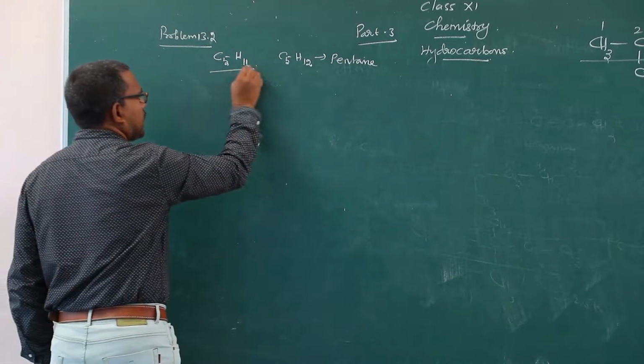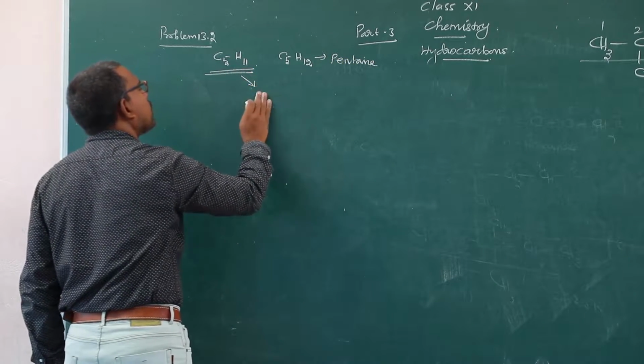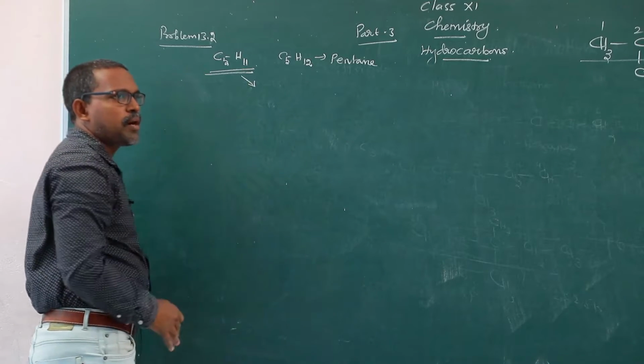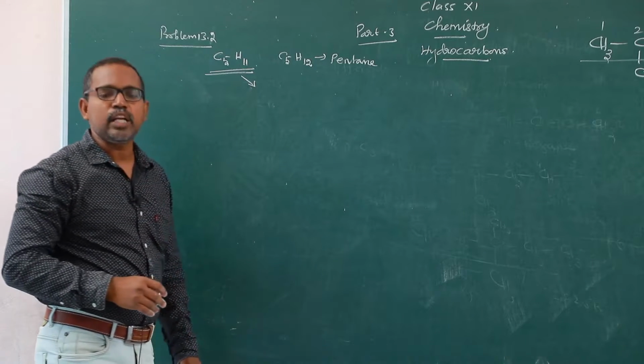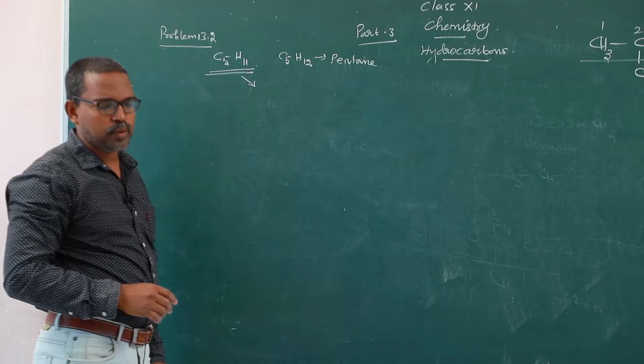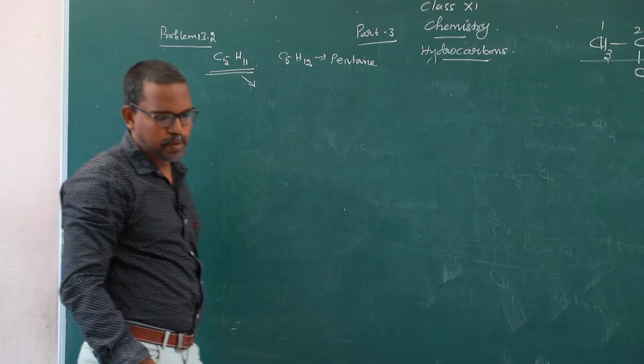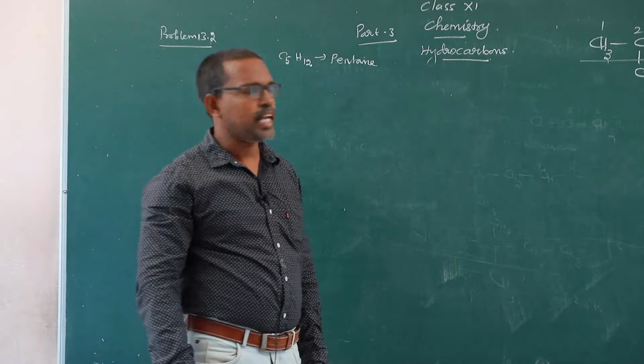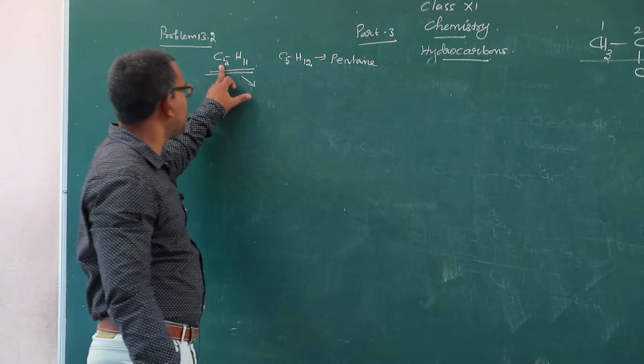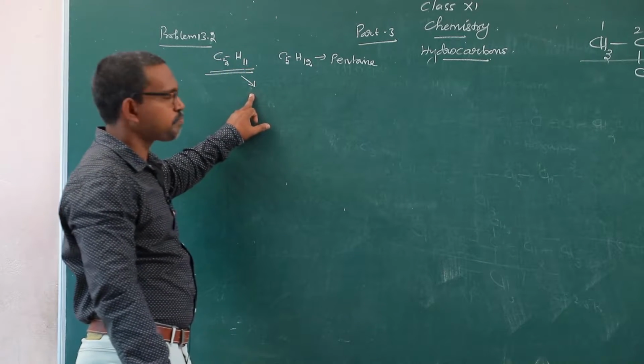Here one of the hydrogen atoms is replaced, therefore we are going to write the different possible alkyl groups of formula C5H11.